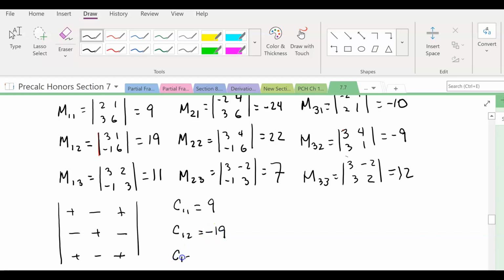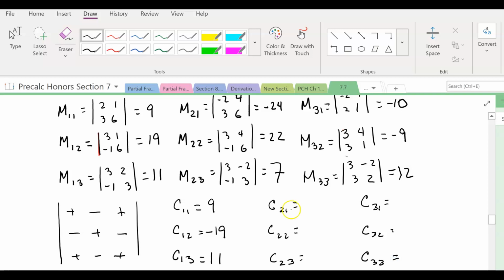And then the cofactor for 1, 3, row 1, column 3, that's going to stay a plus, so that's going to stay 11. And then we're going to have cofactors for 2, 1, 2, 2, 2, 3, and then cofactors for 3, 1, 3, 2, and 3, 3.